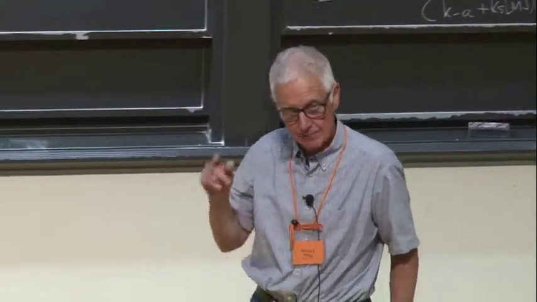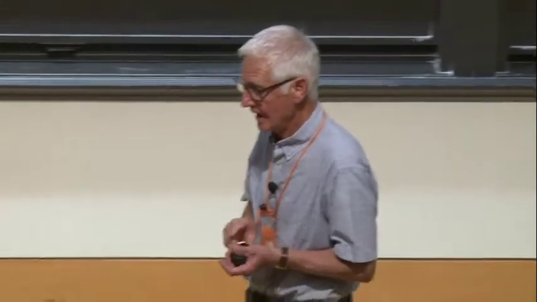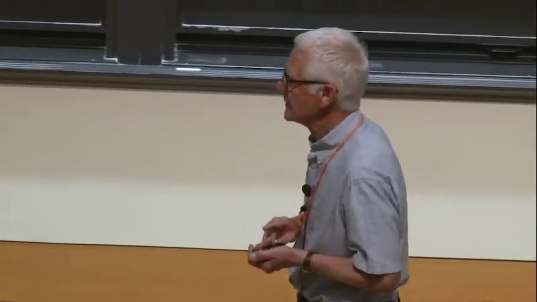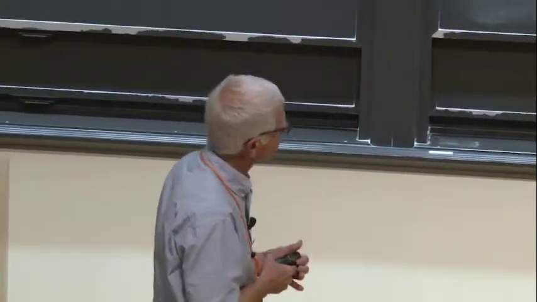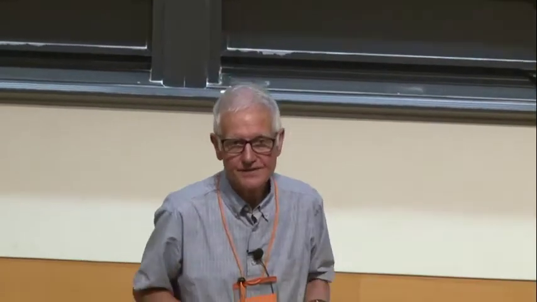So the rate determining step now is basically the stabilization. And it strikes me that maybe we ought to say a little bit more about rate determining steps, but leave that till tomorrow. Okay, any questions?